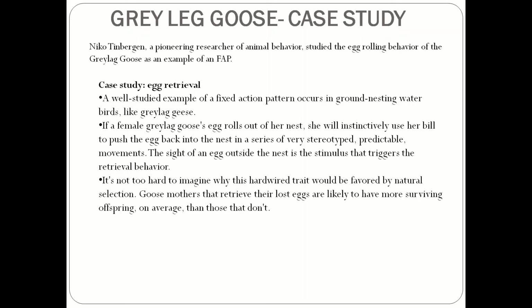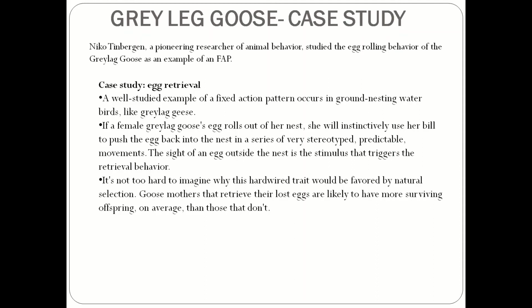See, the stimulus for this FAP is any egg that slips out of the nest. So when the female receives the stimulus that the egg has rolled out of the nest, she will go and try to pull the egg back into the nest. The actions are very stereotyped.